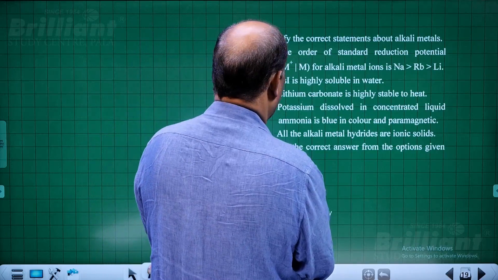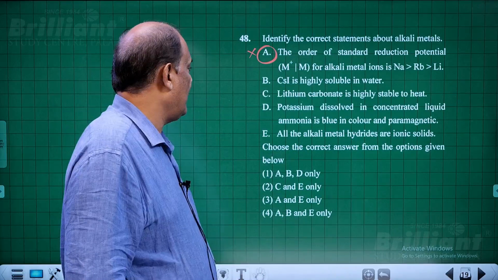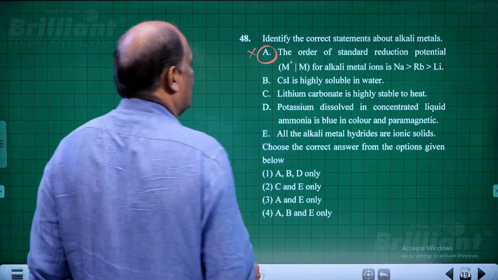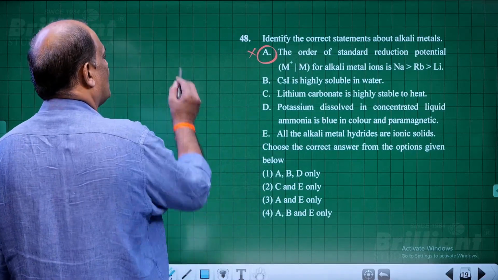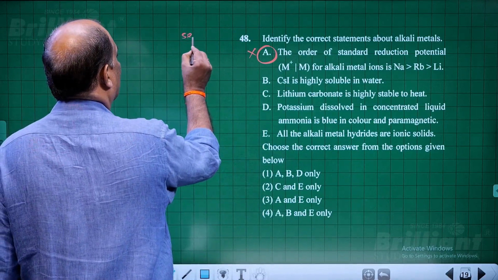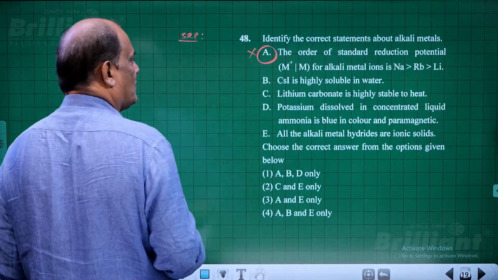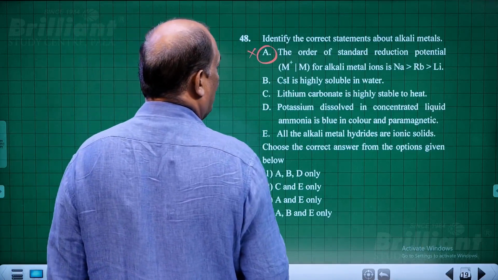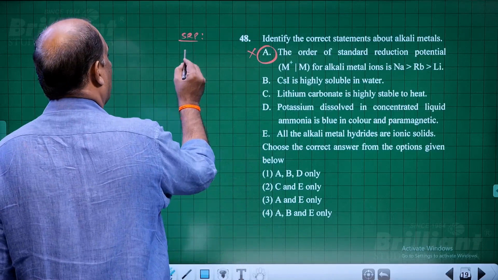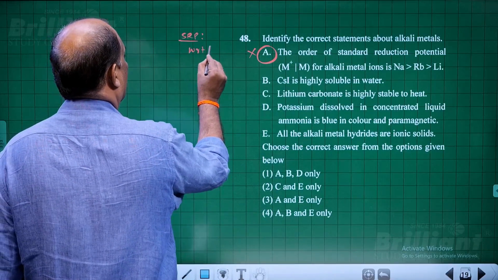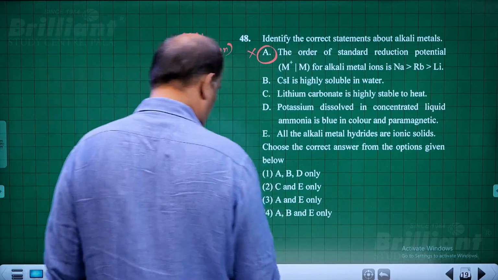Identify the correct statement about the alkali metals. Generally, whenever you consider the negative value, because M plus by M means reduction potential value, SRP. If you take the sign into account, then there is no problem.